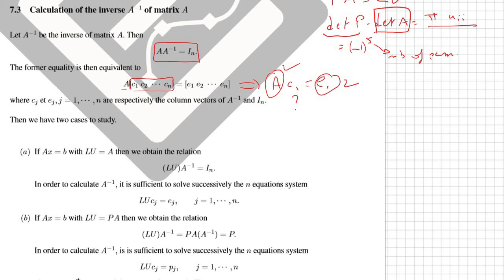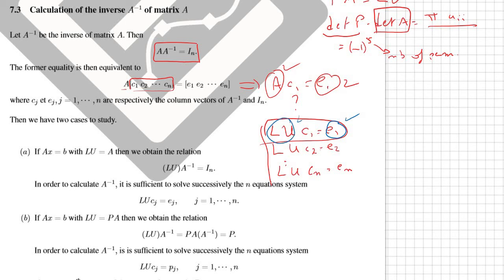Now, writing LU instead of A, I will have LU C1 equals E1, LU C2 equals E2, etc., LU Cn equals En. And each one of these is a system, because E1 is known and LU is known, and the variable now is the first column, or the second, or the nth column of A^-1.